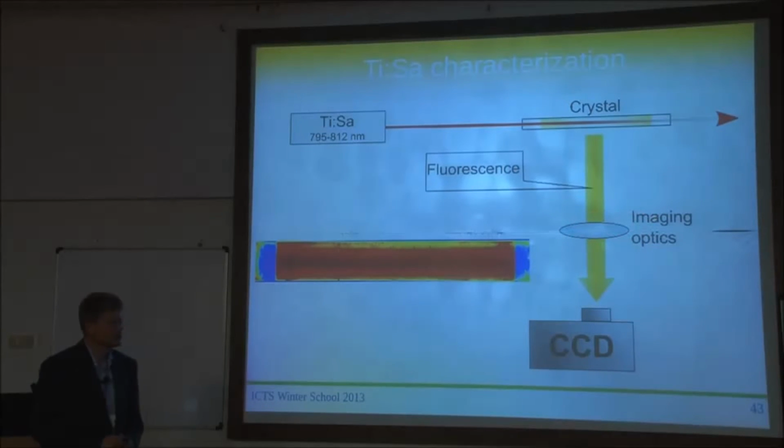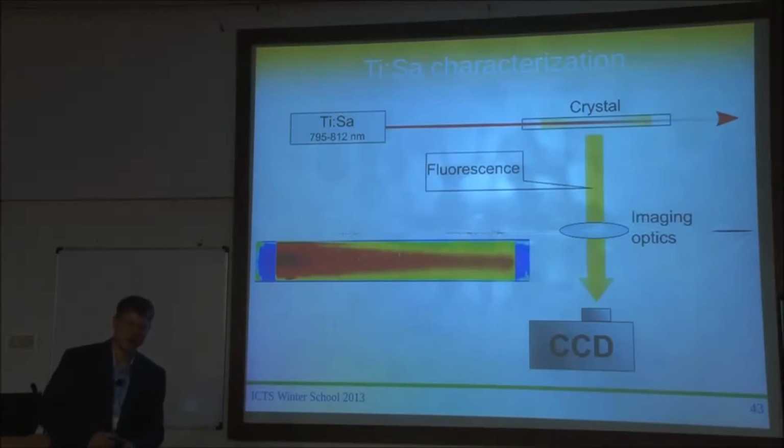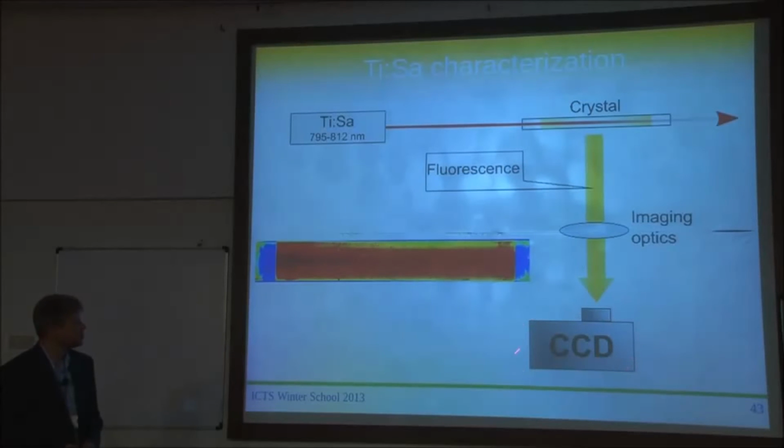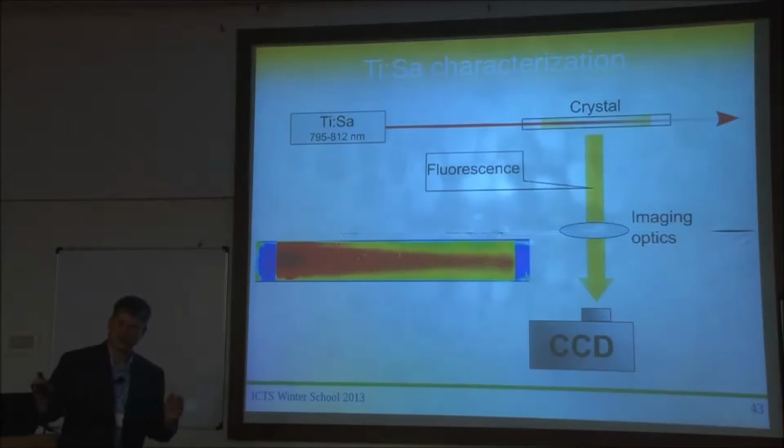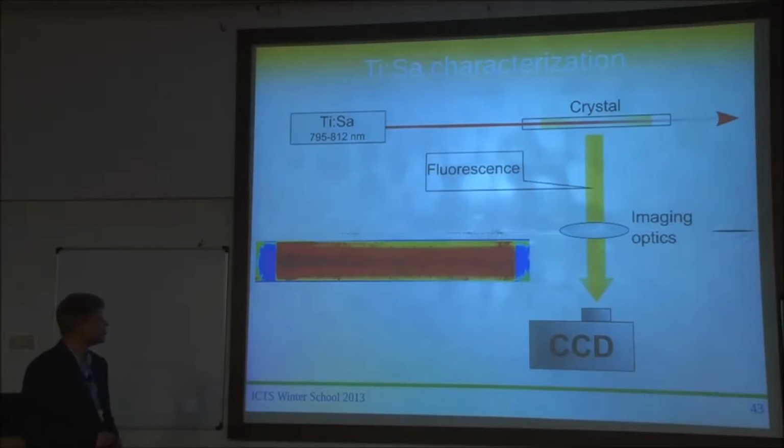I think in this case I used just the optics of my photo camera and put that picture on a CCD. And if you then scan over the wavelength, a Titanium sapphire laser has the big advantage that you can tune it over a big wavelength range, then you would see that depending on the wavelength where you are, the light is absorbed in different fractions of the crystal.